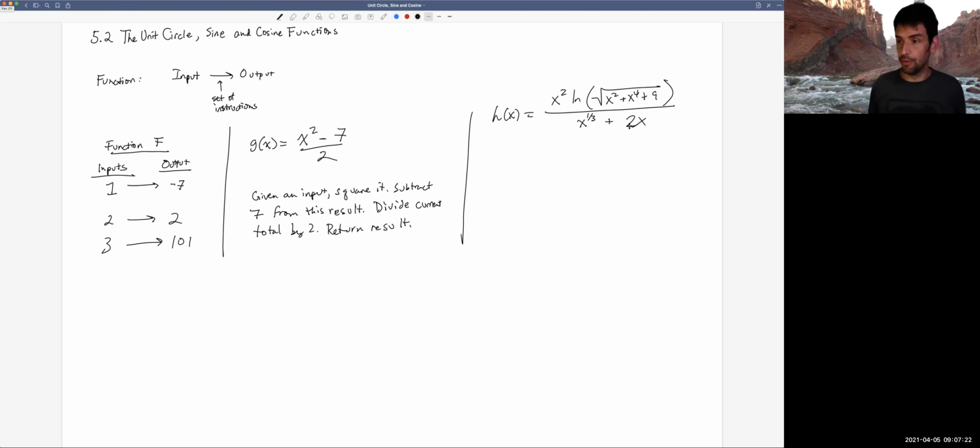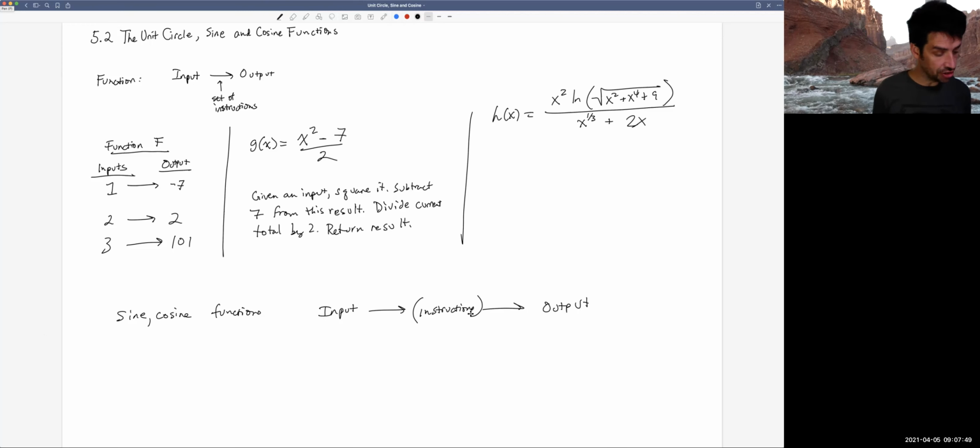And the reason we're going through all this is because the sine and cosine are functions. They're going to have this idea, input leading to an output, and just like these other ones, there are some instructions in here.